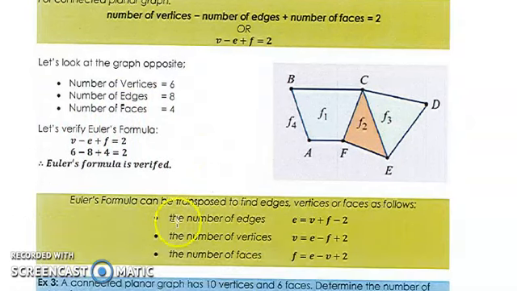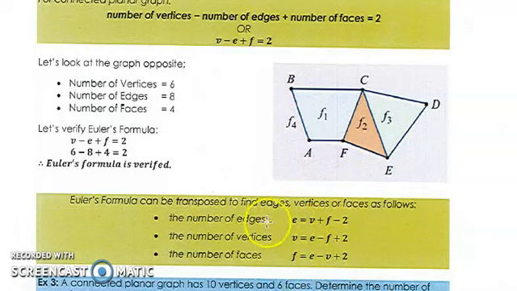And in this section here, there will be some questions where you can transpose this formula, V minus E plus F equals 2, and by doing so, you can find either how many edges a certain graph might have, how many vertices a certain graph might have, or how many faces a certain graph might have using this formula.